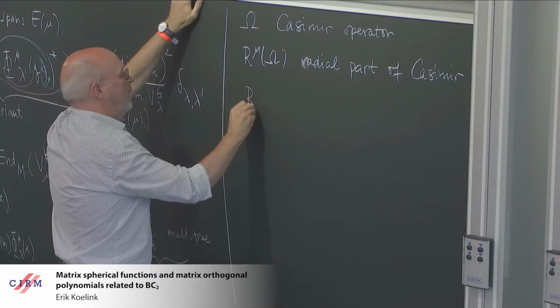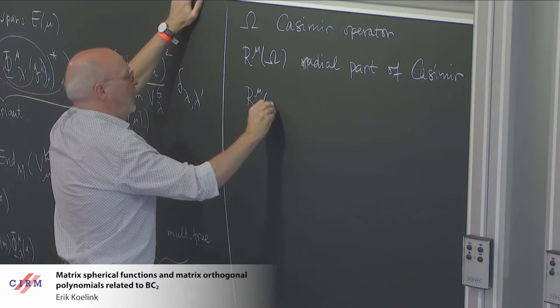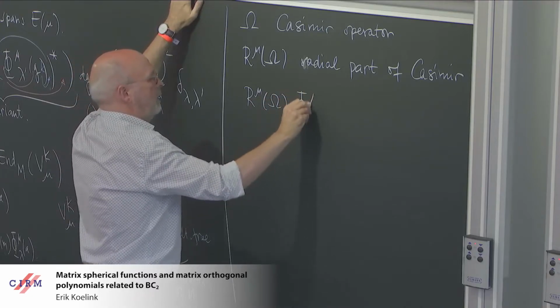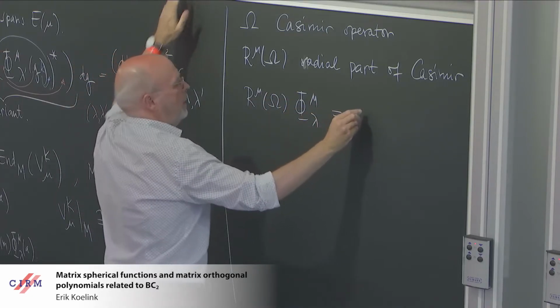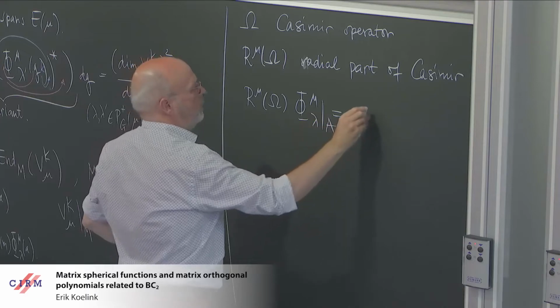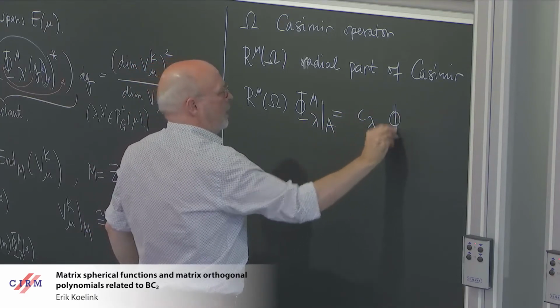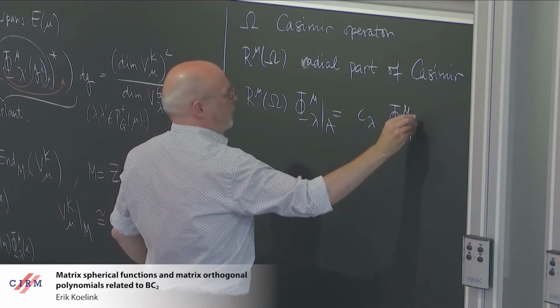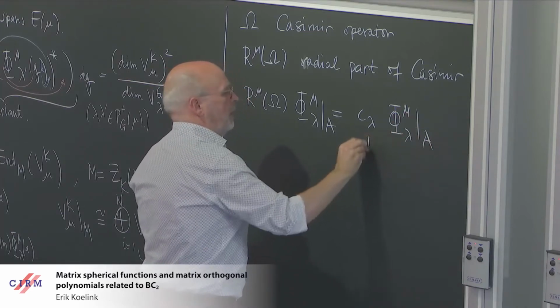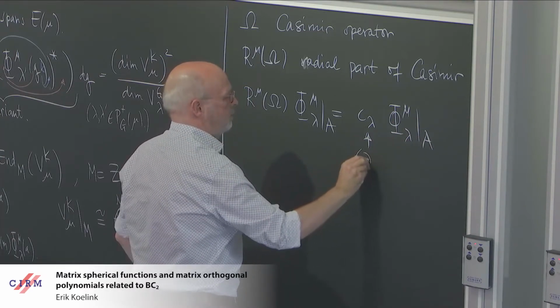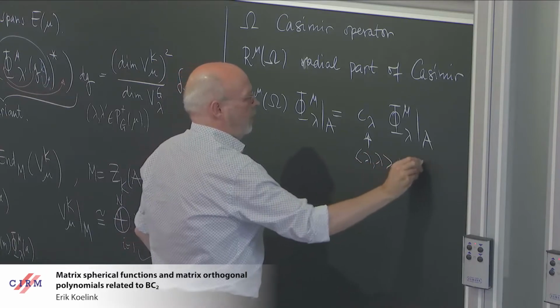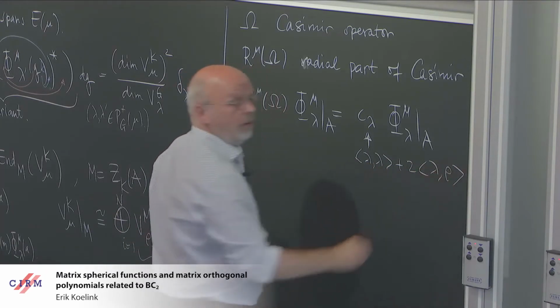And then if you let this operator act on such a function, restricted to A of course, then you get just this C lambda, and this C lambda is the standard eigenvalue for the Casimir.